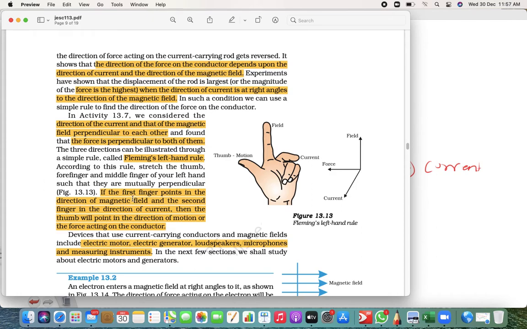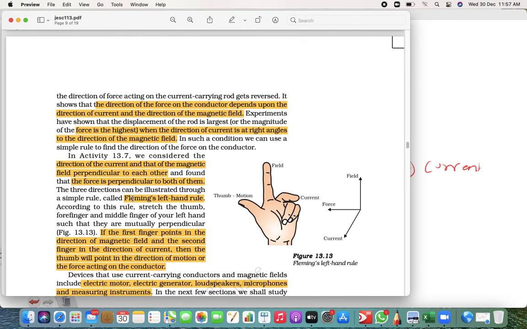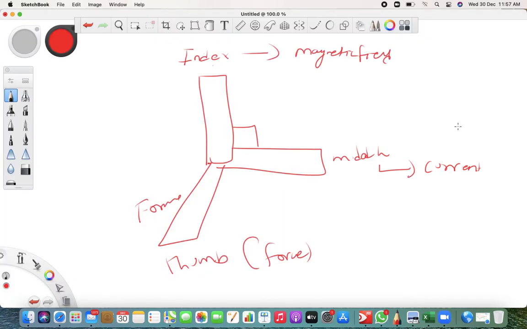This is called Fleming's left hand rule, and with it we can find the force on a current carrying wire placed inside a permanent magnetic field. Who gives you the answer? Fleming's left hand rule. Got it?